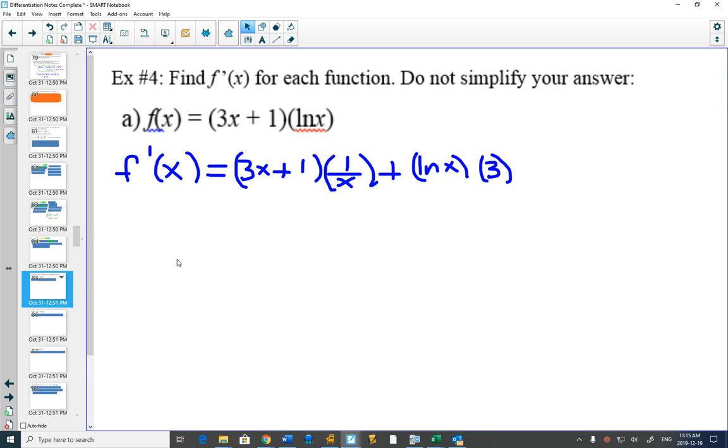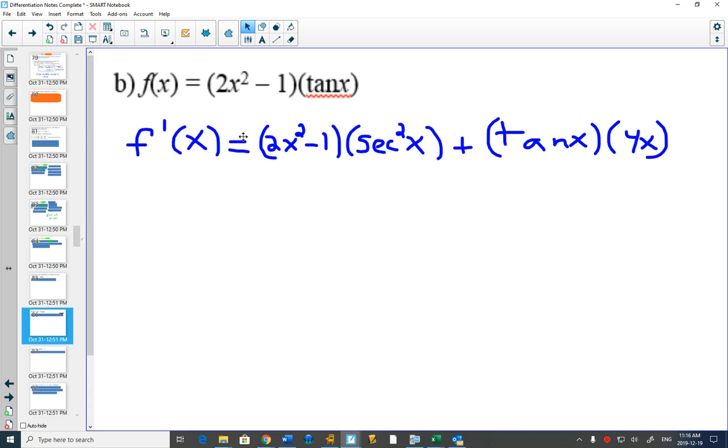Did you remember that the derivative of natural log was 1 over x? Keep one the same, derivative of the other one. Keep the other one the same, derivative of the first. This one, there's no way that we could have done it other than knowing the product rule.